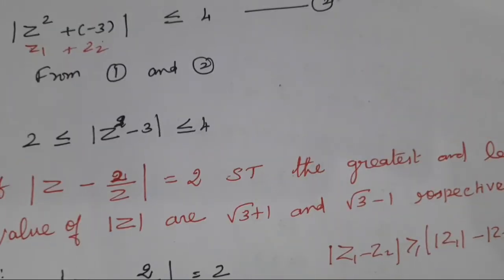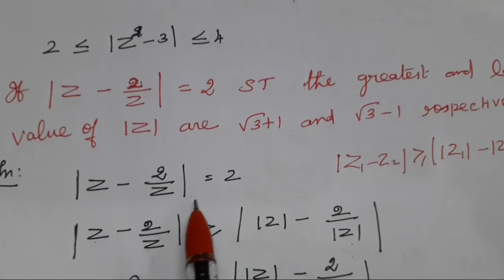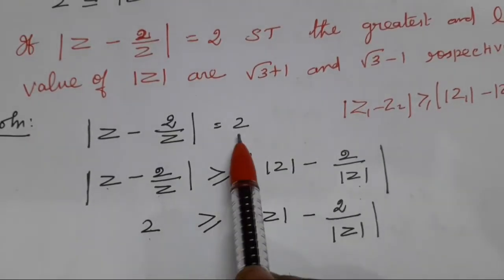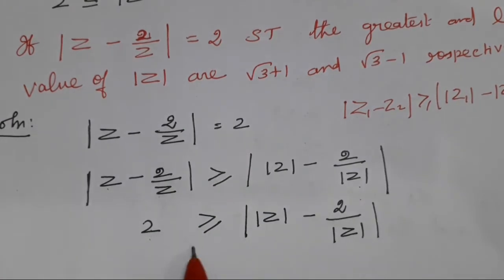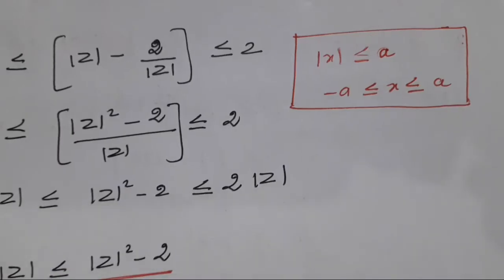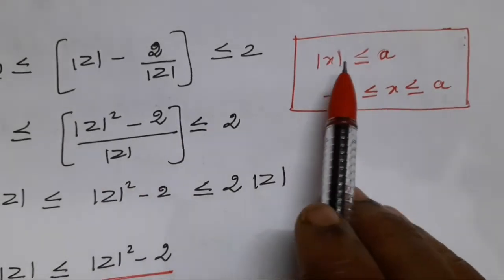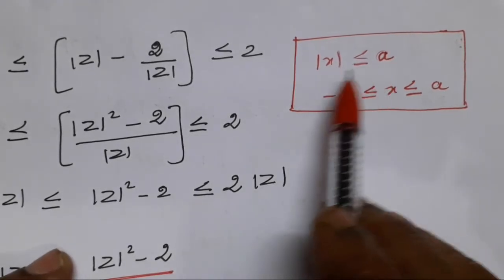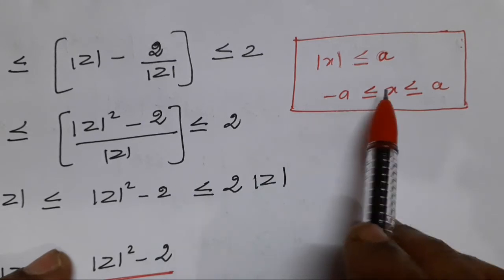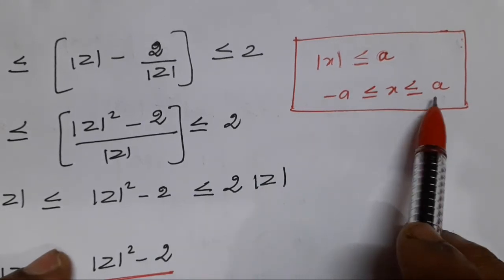See, in 11th we studied: modulus of x less than or equal to a. If the modulus is removed, it lies between what? Minus a less than or equal to x less than or equal to a.